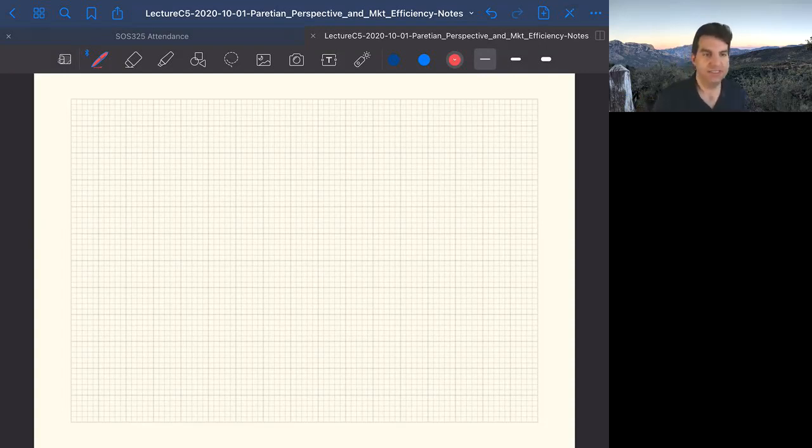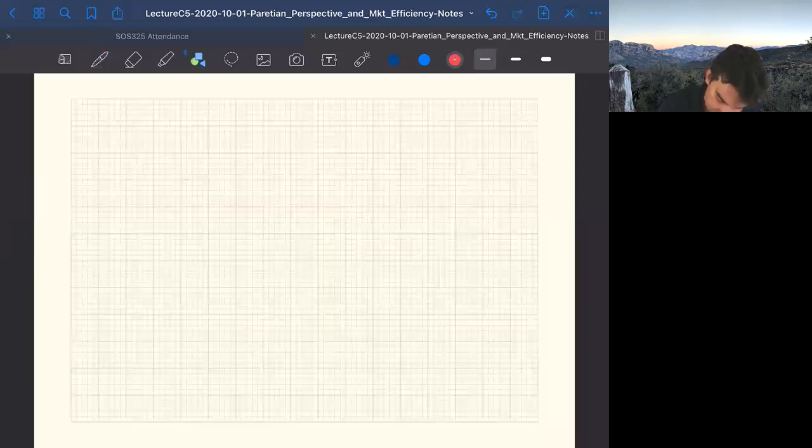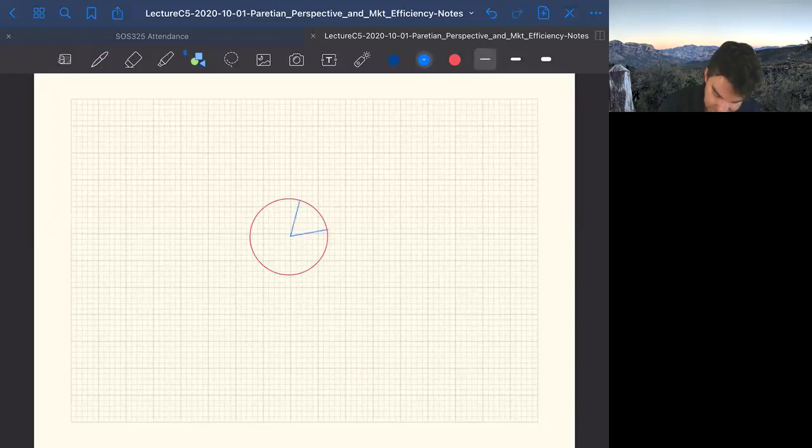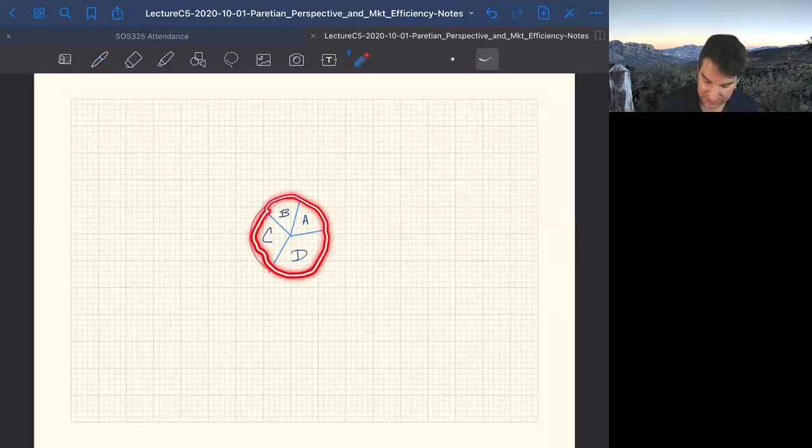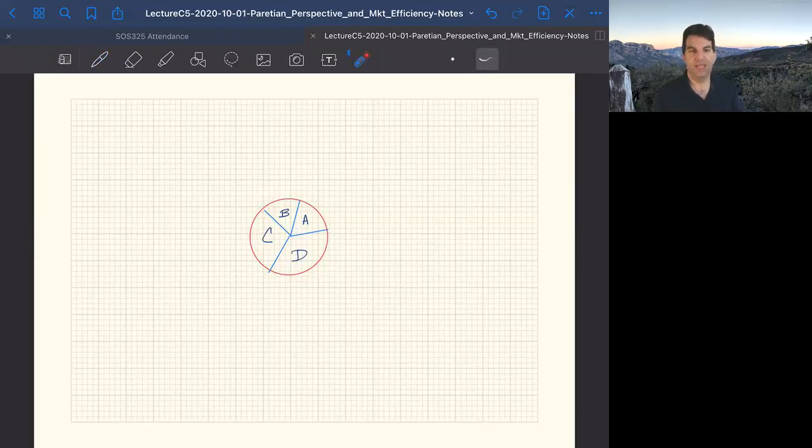All right, so the idea is if I have 4 individuals, so I've got this pie here, and I've got these 4 individuals. You can view this as kind of like the utility of the society.